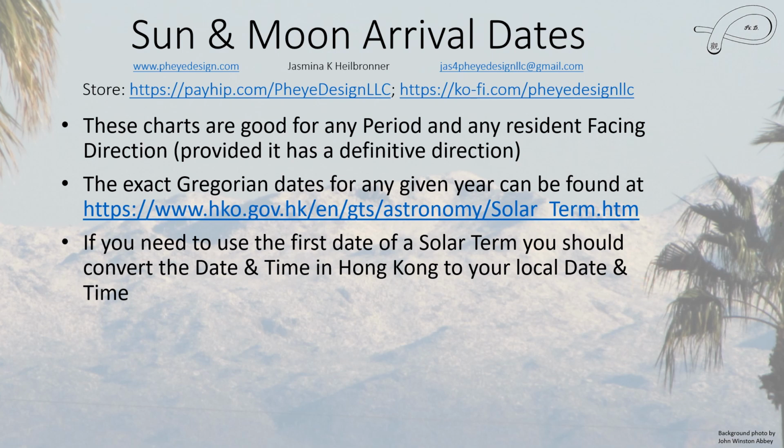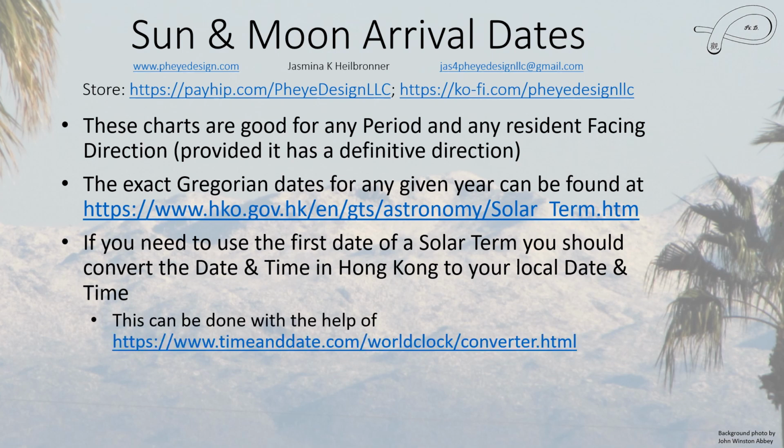That's because this date and time represents when the center of the Earth moves from one 15-degree sector to another one. That is a real point in time, and that occurs for the entire planet. So it's not your local time, it's Hong Kong's local time, and you have to convert that to your local time. And this can be done with the help of this website. Both of these websites are free, so that's nice.